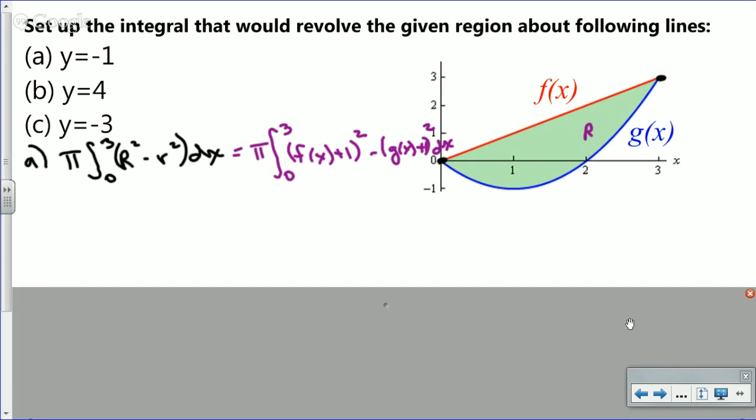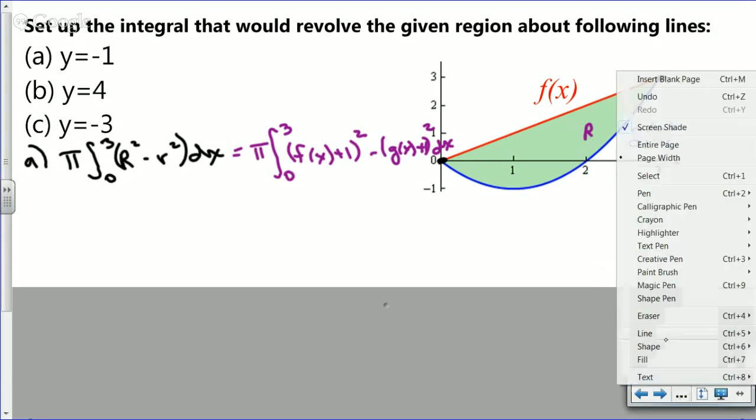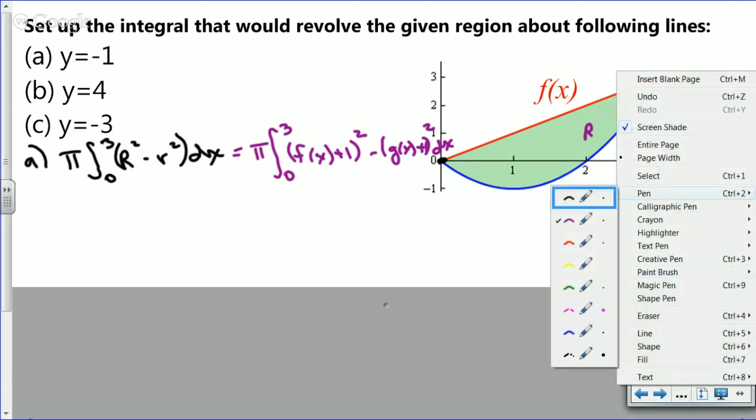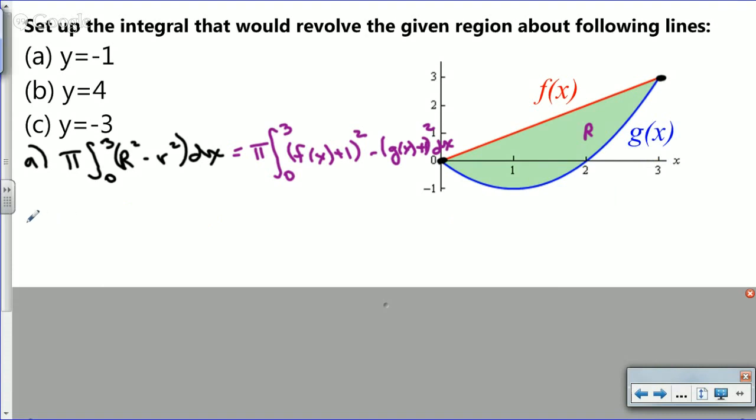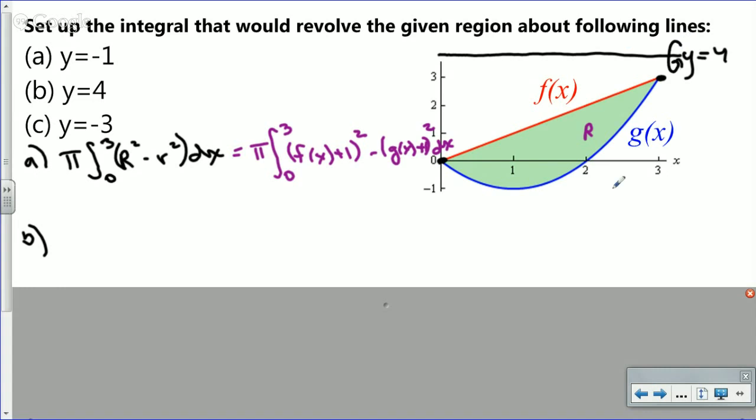And let's do part B. Part B says take this region and this time rotate it about the line y equals 4. So come up to y equals 4. Draw that horizontal line for me going through the y-axis at 4. And I would like to rotate about this line.